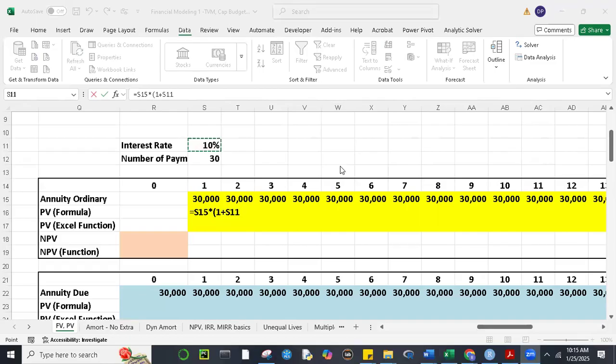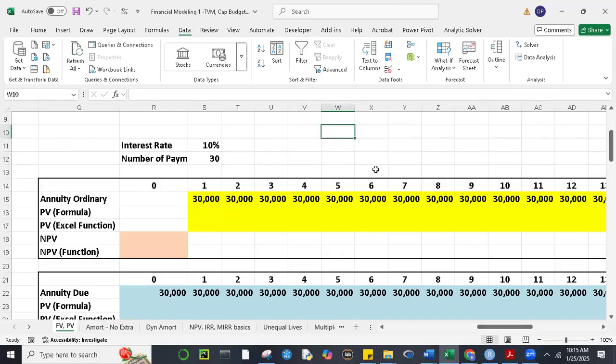F4. So let me discuss that first because that's very important. When we talk of cell addresses, class, for example this one, S11, there are what we call absolute and relative cell references.